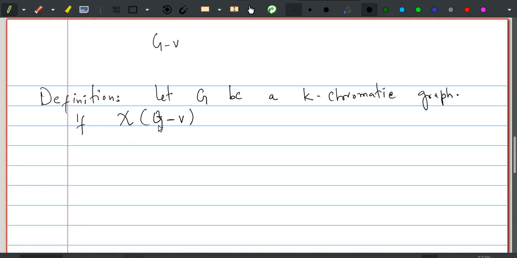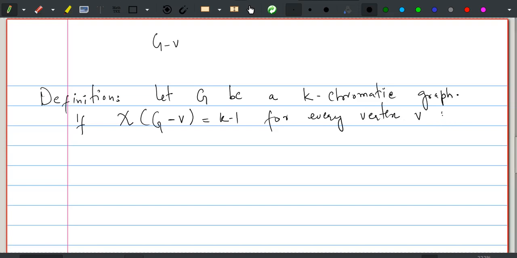So if the chromatic number of the graph G minus V is k minus 1 for every vertex V in G, then this graph G is called k critical.